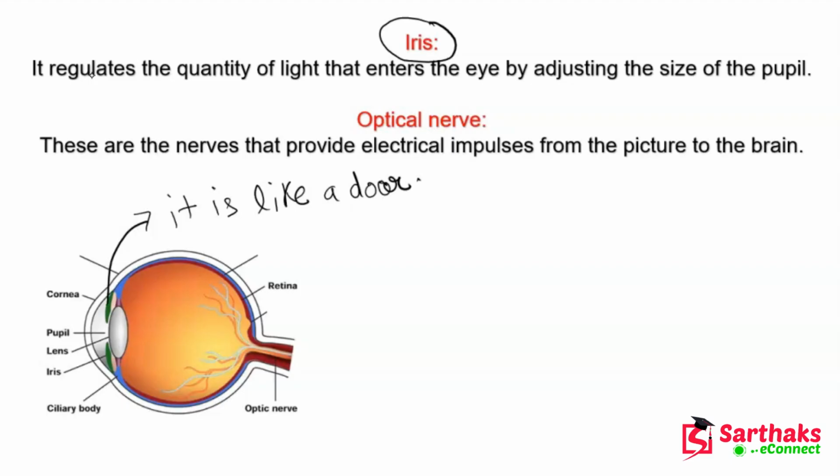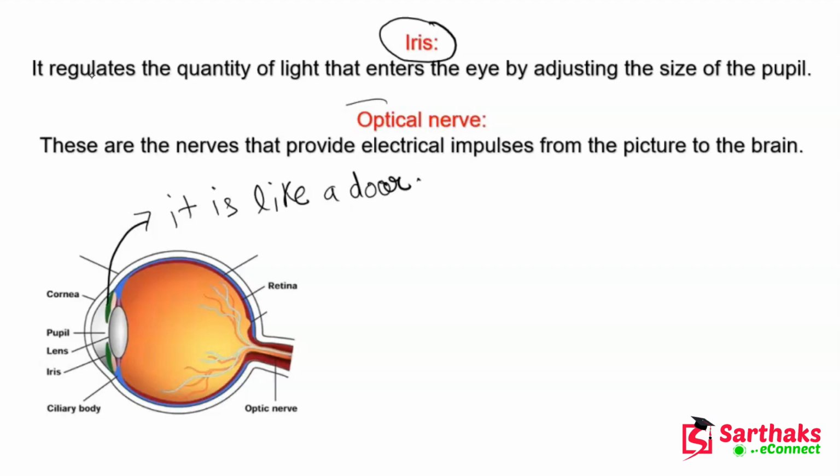But if there is no movement in the iris, then we say the brain has stopped working and he has died. Okay guys, I hope you understand this completely. So the iris works like a door. It controls the amount of light which is entering the pupil.